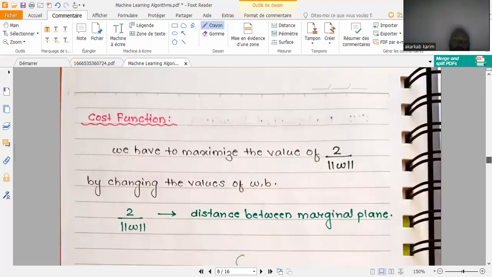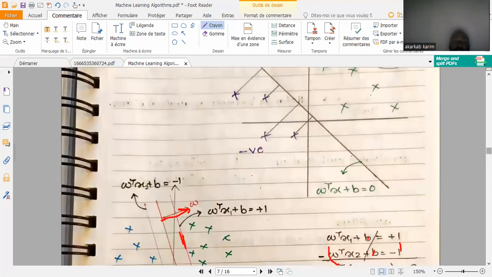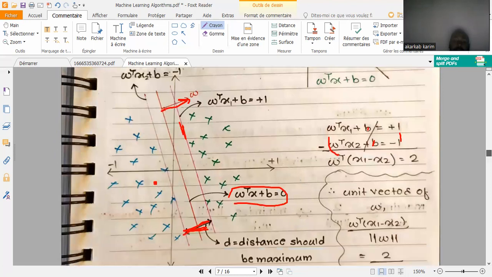Here we have the value 2 divided by the magnitude of W, and for the cost function we need to maximize that by changing the values of W and B. This 2 divided by the magnitude is the distance between the marginal points. The distance between these marginal points should be maximum.